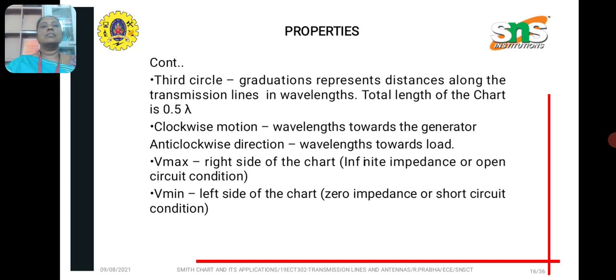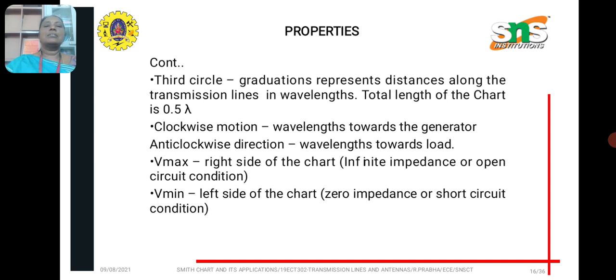And next is the third circle, whose graduations represent distances along the transmission line in terms of wavelengths, and the total length of the entire Smith chart is 0.5 lambda, that is half of the wavelength. Clockwise motion in the chart represents the wavelength value towards the generator, and the anti-clockwise direction represents the wavelength value towards the load.